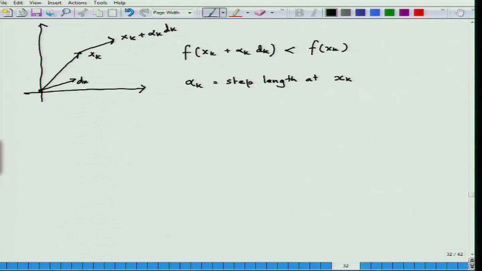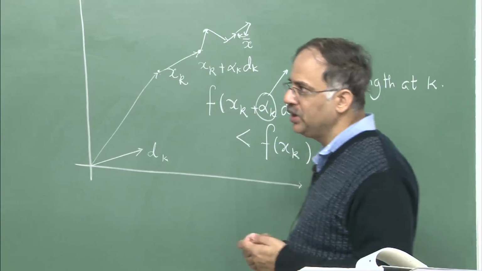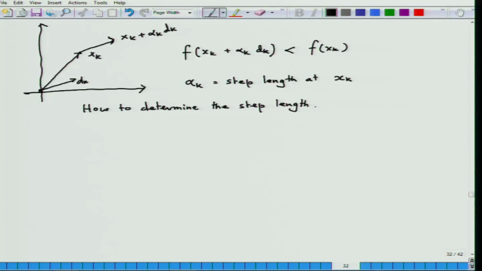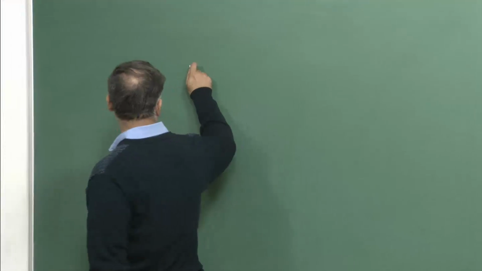Now the question is how to determine the step length. Whatever your descent direction is, it does not matter, our point of concern is how to determine the step length, and for that I will again go to the board for certain explanations. So what you have here is this function phi of alpha.